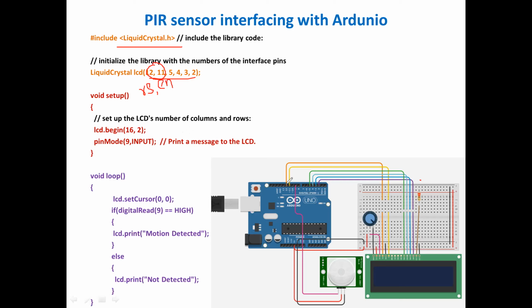The 12th pin of the controller is interfaced with the RS pin, and the 11th pin is interfaced with the enable pin of the LCD, and pins 5, 4, 3, 2 of the controller are interfaced with D7, D6, D5, D4, that you can check out.